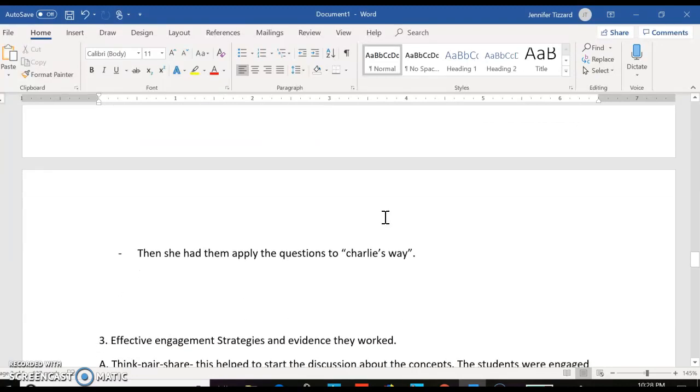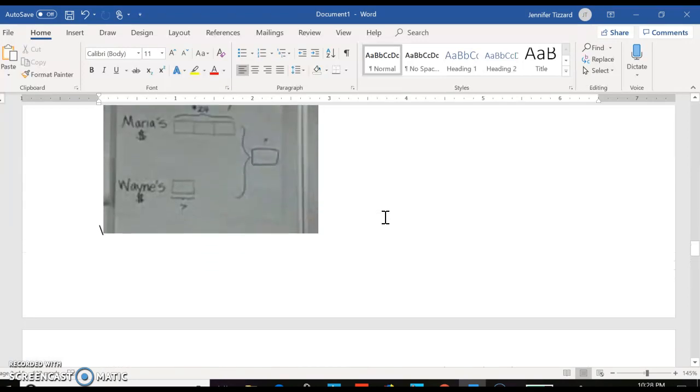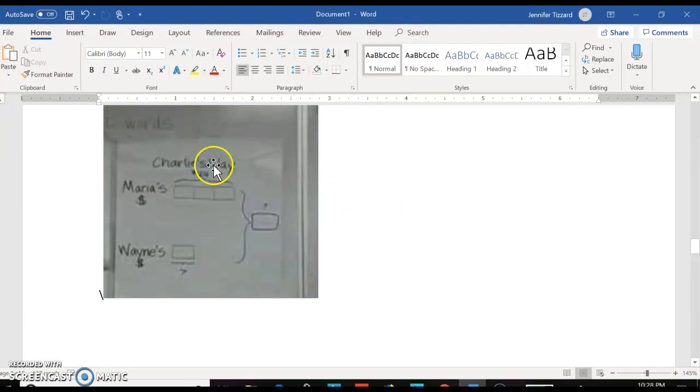Then she asked them to apply Charlie's Way and fill in the numbers. So she had these green and the same. I think maybe here she could have made this into a circle to show that's a different number.